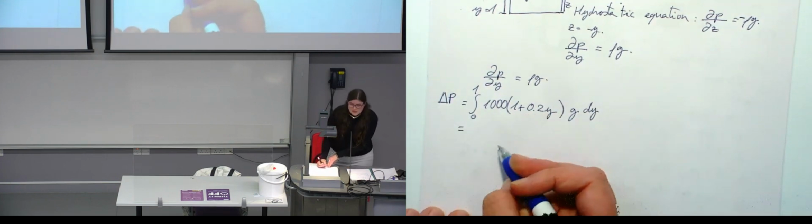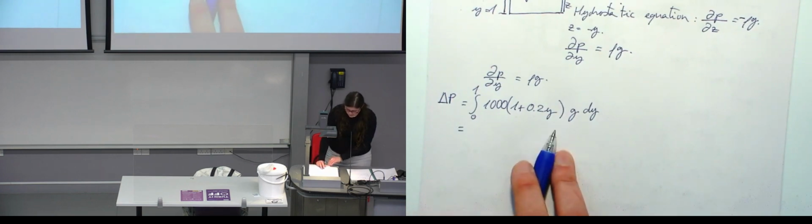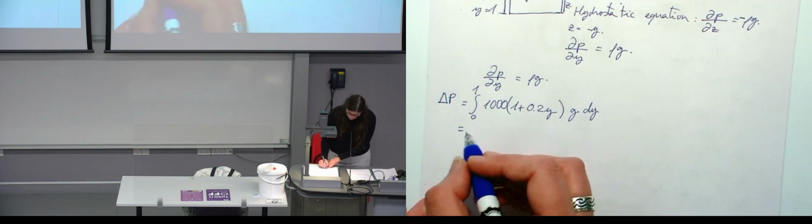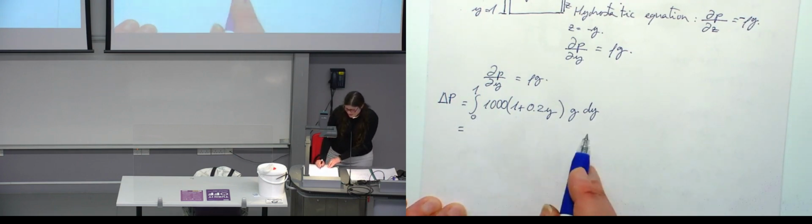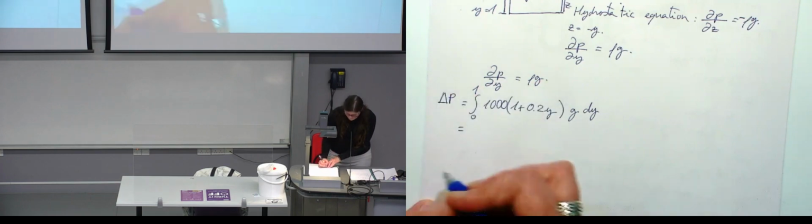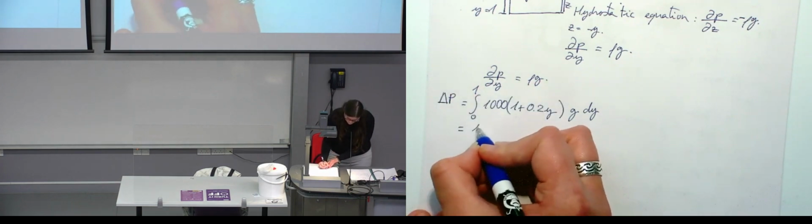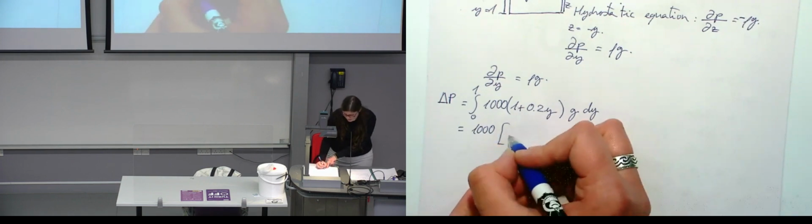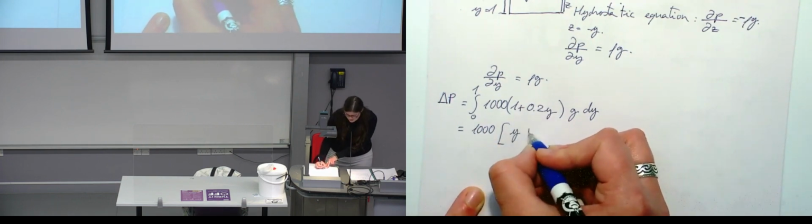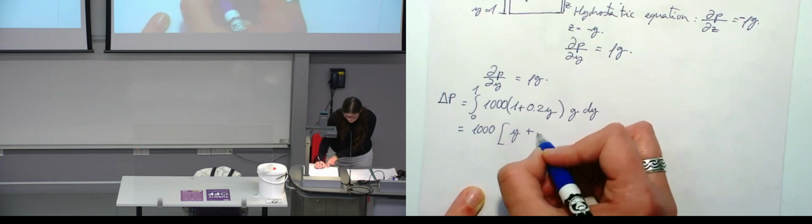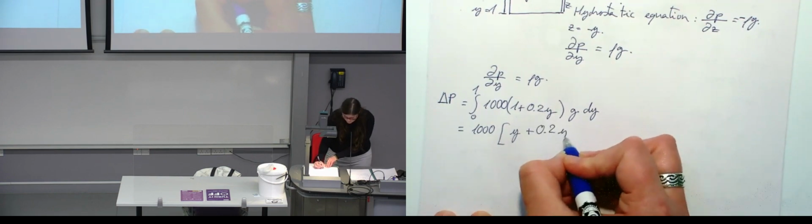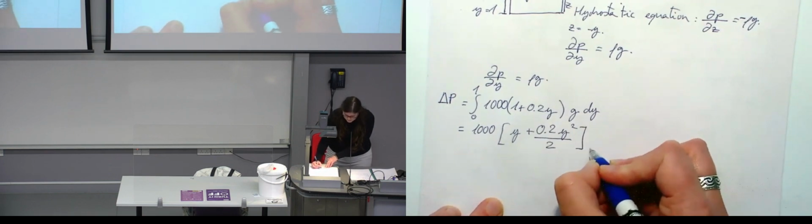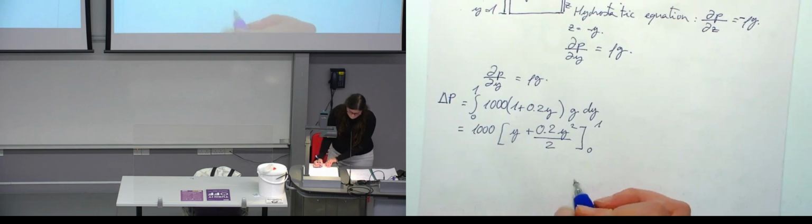So then integrating this is just a polynomial. The 1000 is constant, g is constant, so we can take them outside. 1 becomes y, and 0.2y becomes 0.2y squared divided by 2, and this is between 0 and 1.